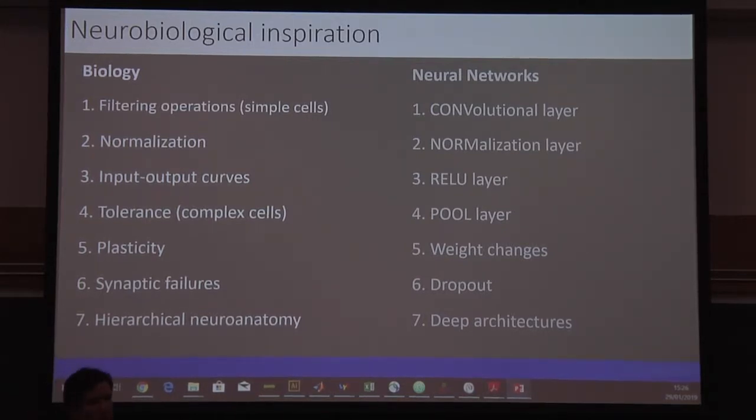There has been a lot of interest in the neuroscience community in studying plasticity, that is, in studying the mechanisms by which synapses can be modified and strengthened or weakened depending on experience. And many of those ideas about plasticity gave rise to algorithms for learning and implementing weight changes in neural networks.